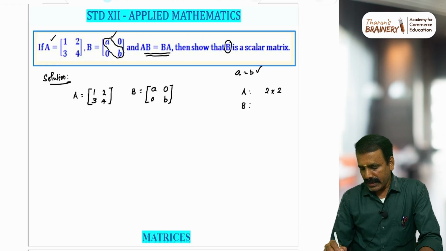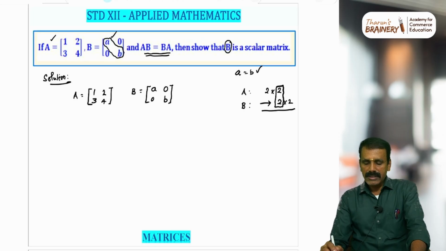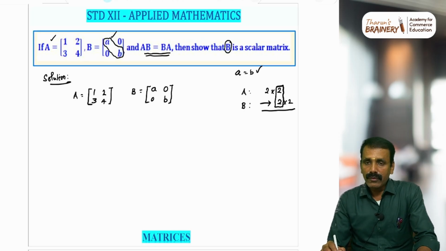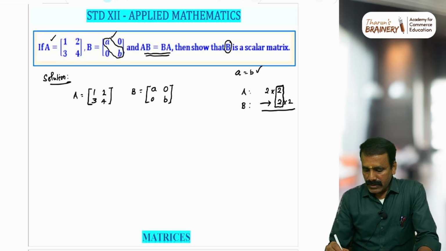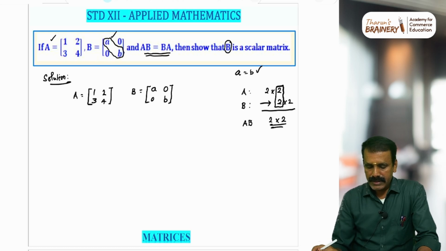To write the B order, we just indent one step. So we write again 2 by 2, by which we can see that the number of columns in the first matrix is equal to the number of rows in the second matrix. So the resultant AB is going to be of order 2 by 2 again.